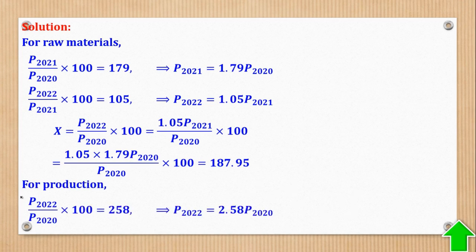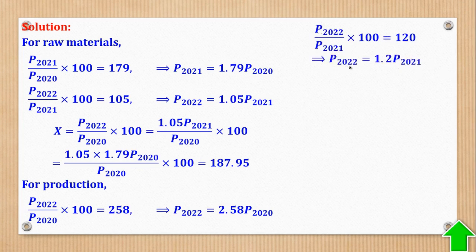For production, P of 2022 over P of 2020 times 100 gives you 258, meaning P of 2022 is this. Also, P of 2022 over P of 2021 times 100 gives you 120.